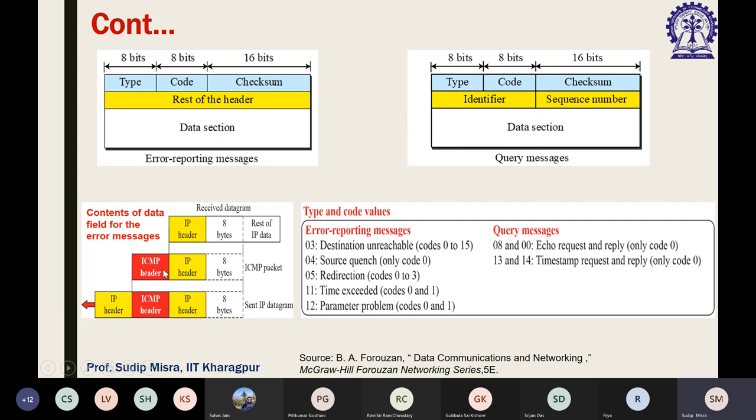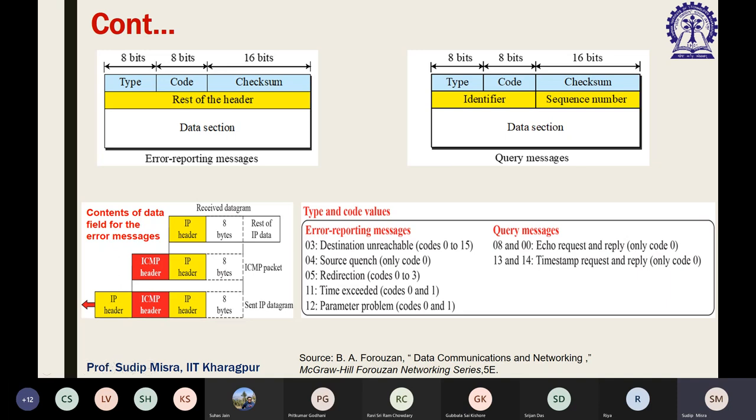Along with the IP header, it's going to have the ICMP header, and then it will send the IP datagram out. This ICMP header is the one which contains the information about whether any error has happened, or whether it wants to know certain information from another host or router, as I said before. This header is added by the ICMP protocol.